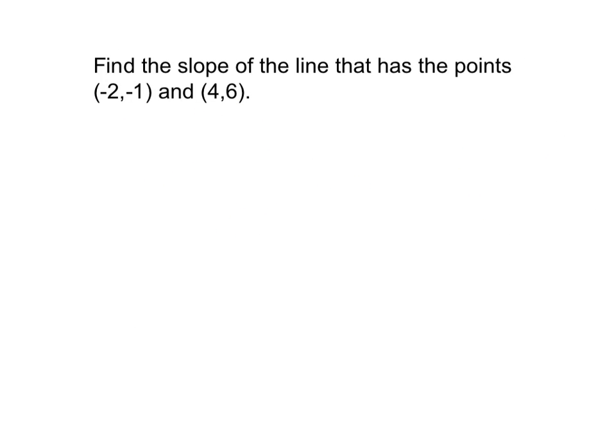All right, here's our next example. Pause your video, then find the slope of the line, and then restart the video to check your answer. Welcome back from pausing the video. Let's call this first point x1 and y1, and the second point x2 and y2.